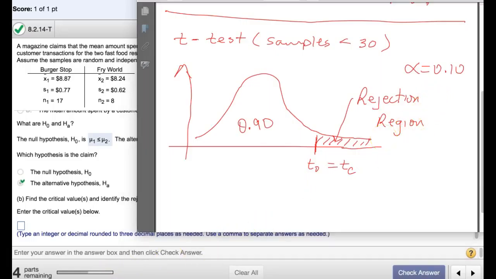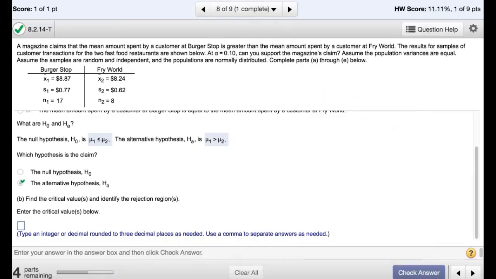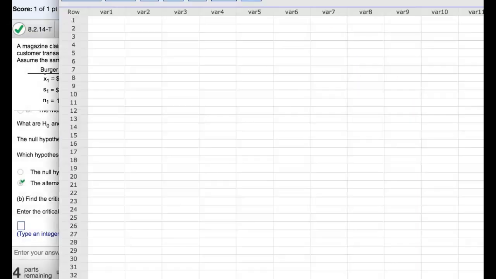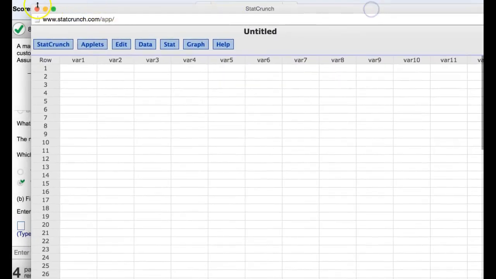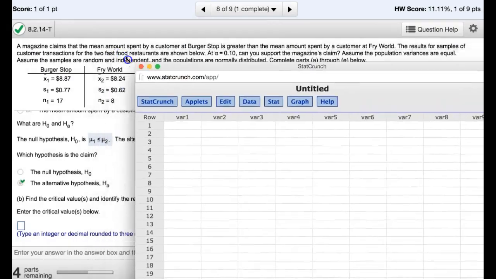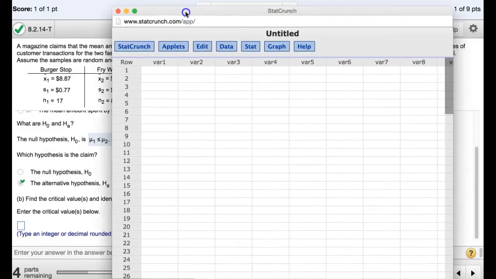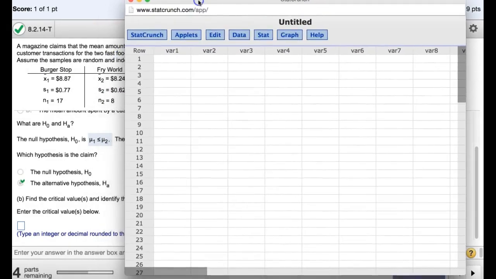Now we're going to use StatCrunch in order to calculate this value for us. So you can come here and go to StatCrunch, and I'm going to get this here so I can fit it within the window.